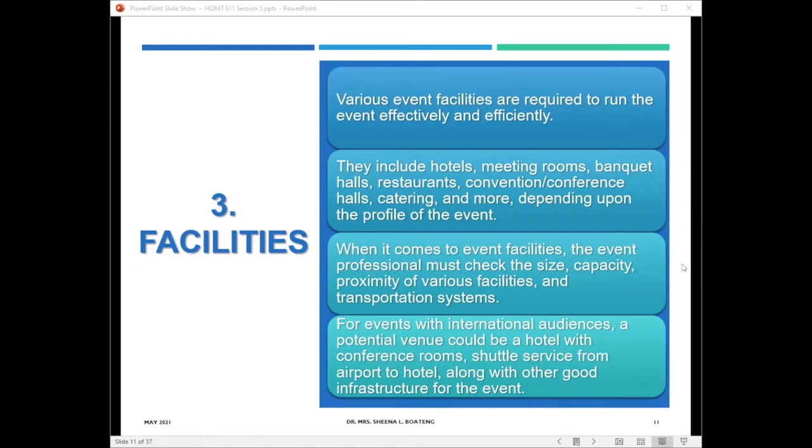So in this case, if you're organizing an event and perhaps the event venue is a few meters or miles away from where you are accommodating your guests, you need to make sure that the facility offers transportation services to get them safely to and from the site of the event. Right? So that is it for facilities.